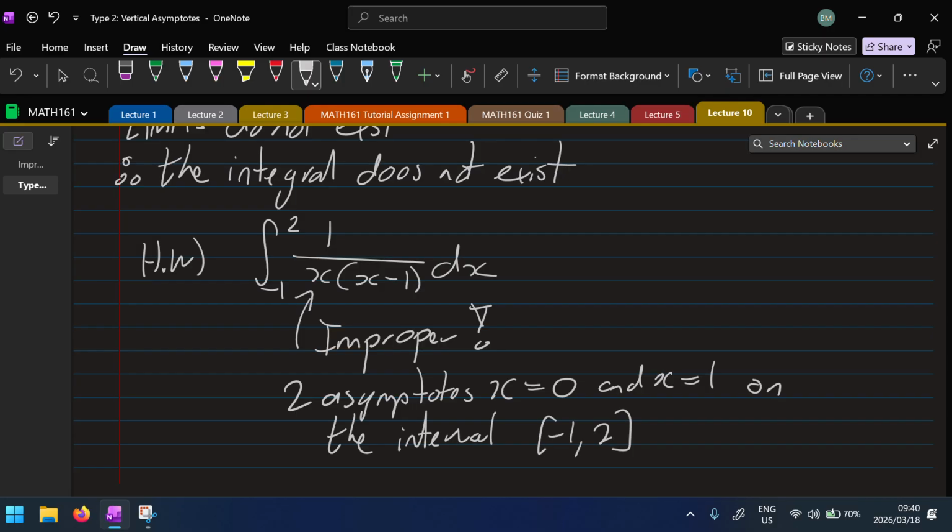As soon as we see those asymptotes on the interval, you need to treat it like an improper integral. If you don't, your answer is going to be completely wrong, like what we had before. So for homework, do it with the improper integral way.